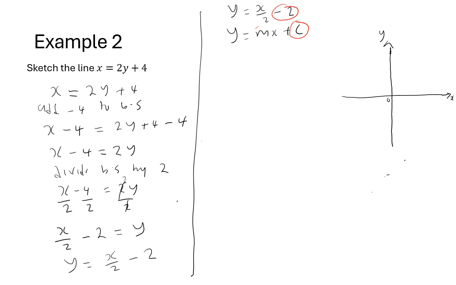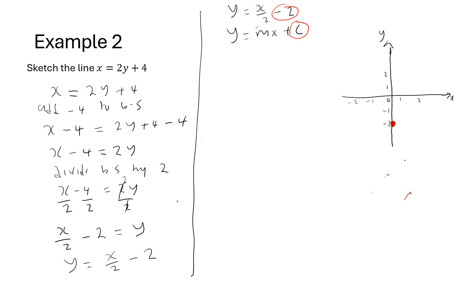So 0, 1, 2, here minus 1, minus 2. So our point is at x equal to 0, y equal to minus 2. That's this point, that's our y-intercept.